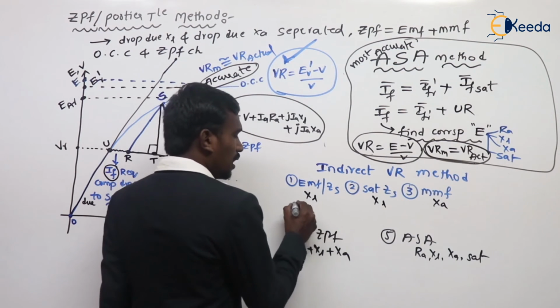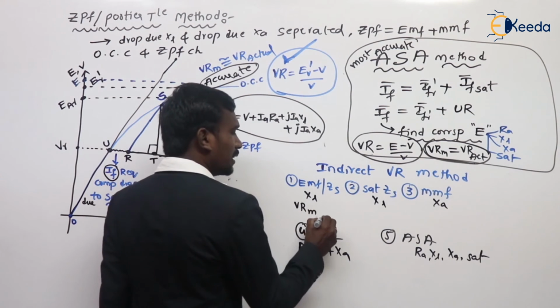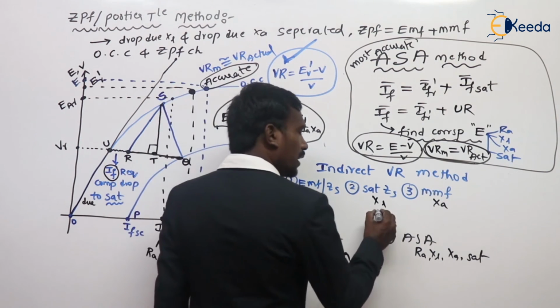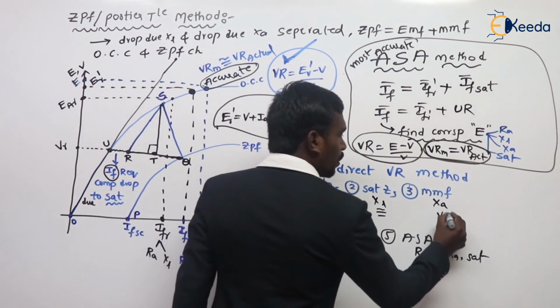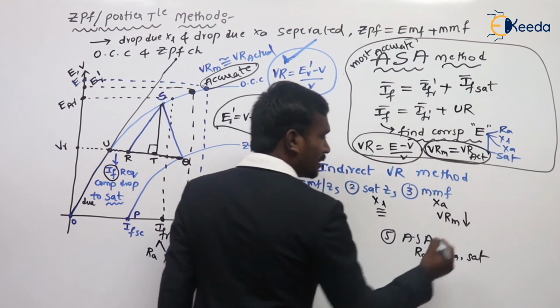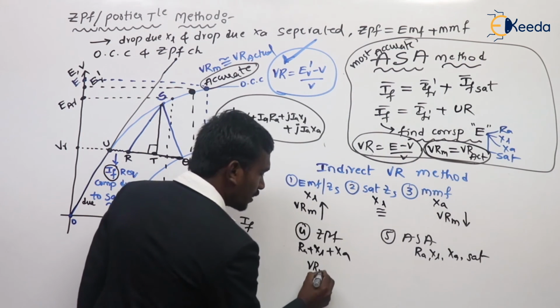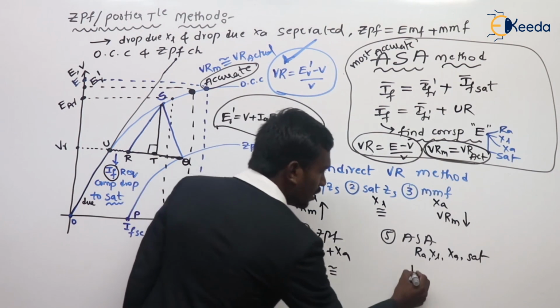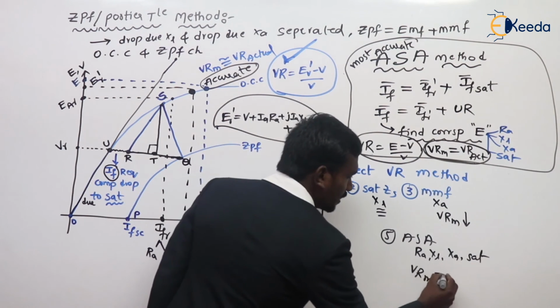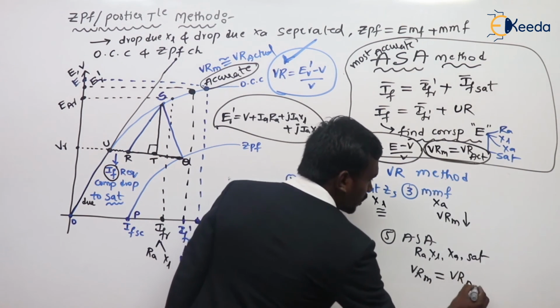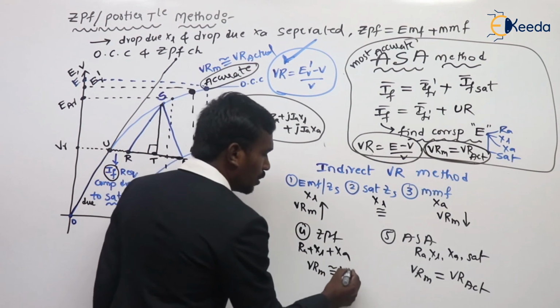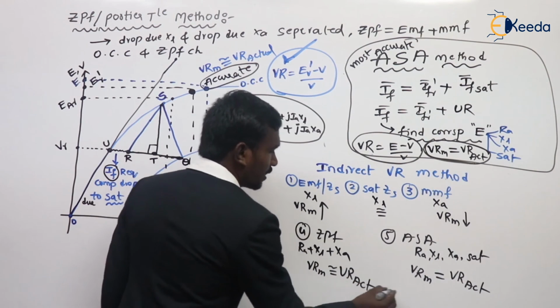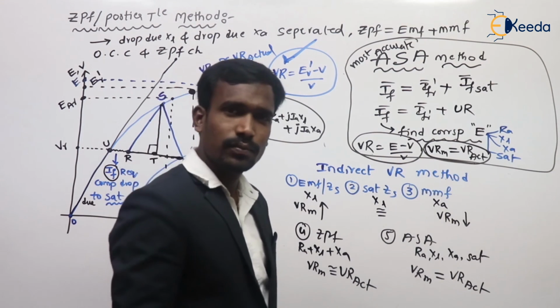In one method the measured voltage regulation is very high. Here nearly equal. Here the measured is less. Here nearly equal. Here the measured voltage regulation equals the actual voltage regulation.